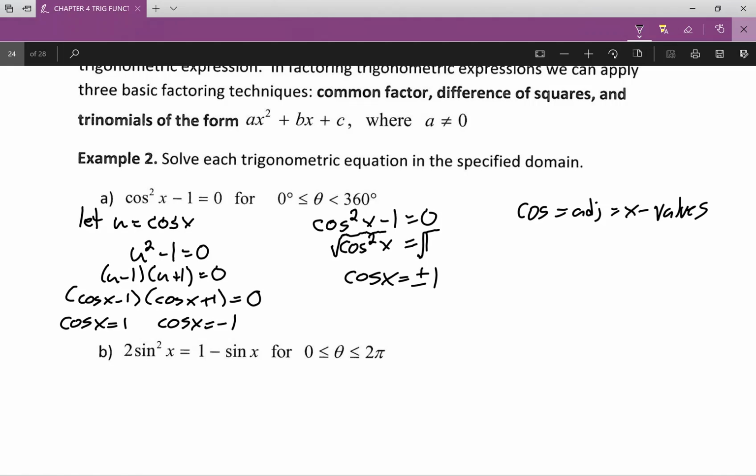And on my unit circle, when does x equal plus or minus 1? x equals plus or minus 1 at 0, and notice we're working in degrees, 180 degrees, and 360 degrees. But 360 degrees is not in the domain, so my answer would just very simply be 0 and 180 degrees.